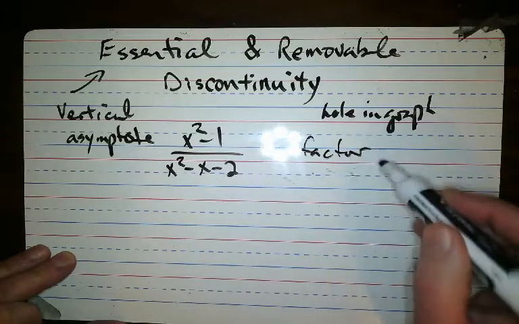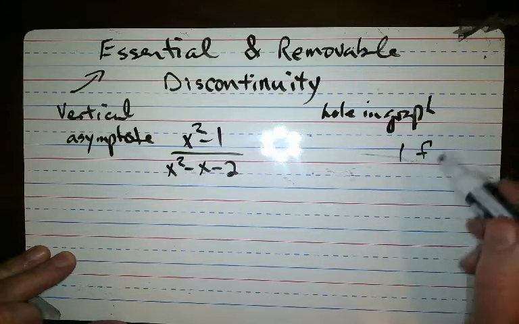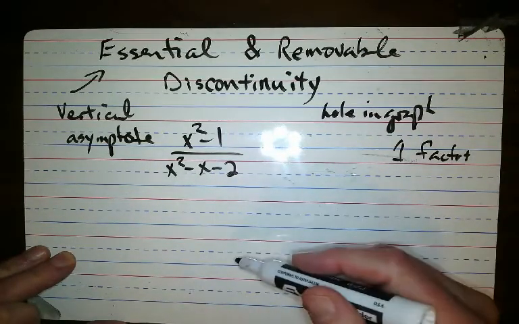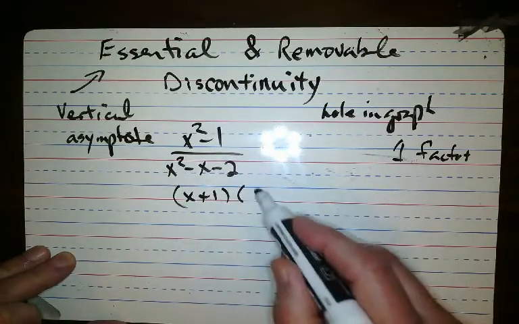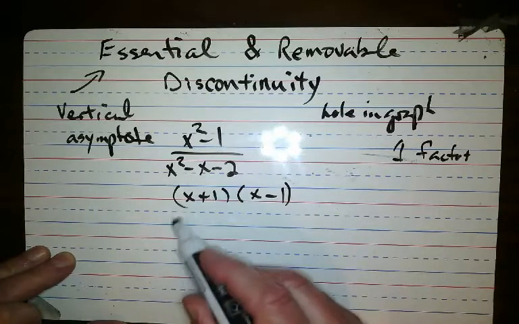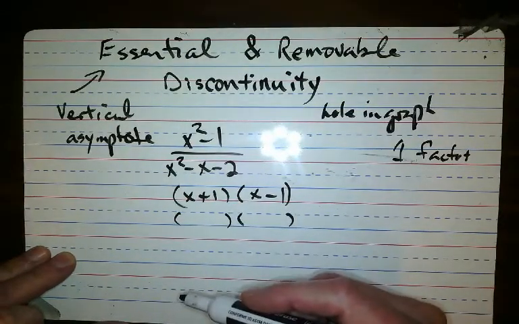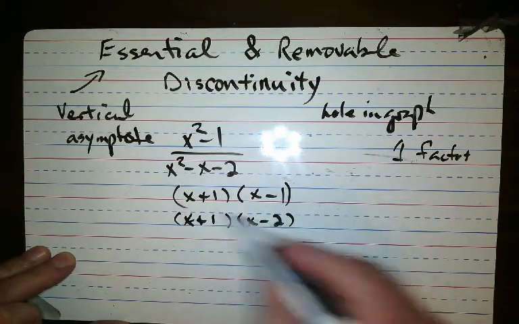Step number 1: factor. If I factor the top, I get (x plus 1)(x minus 1). And if I factor the bottom, I get (x plus 1)(x minus 2).